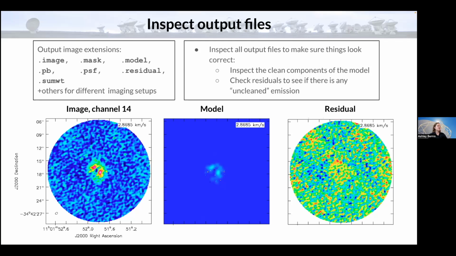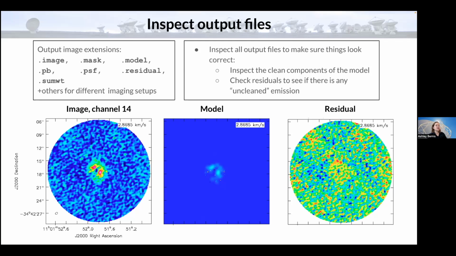The takeaway from the model here is that you can see that indeed tclean did use the multiple scales in the cleaning process. We have some point sources here, and we also have some of our larger scales represented in this model. When we look at the residual image, we want to see if there is any remaining uncleaned emission from our source.